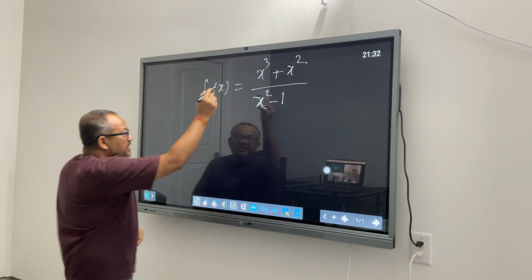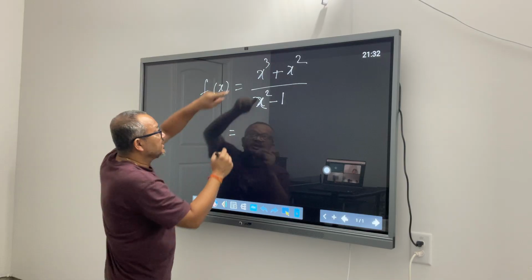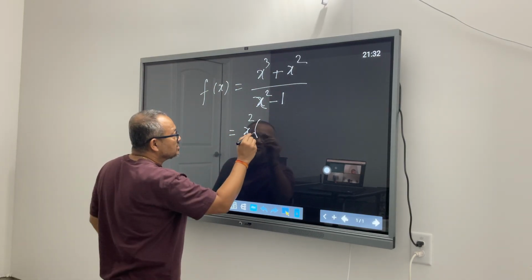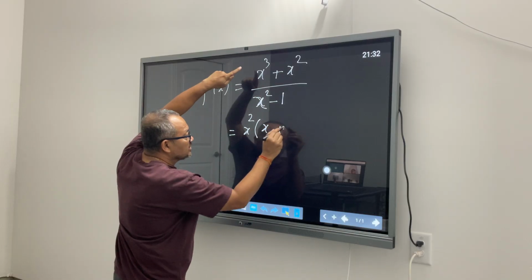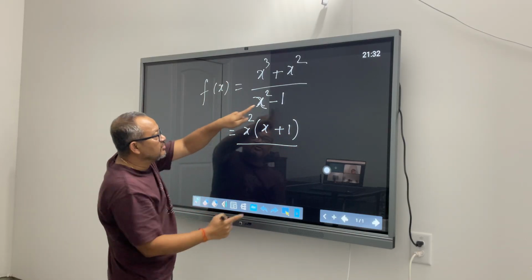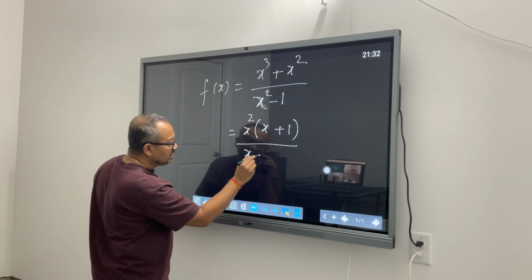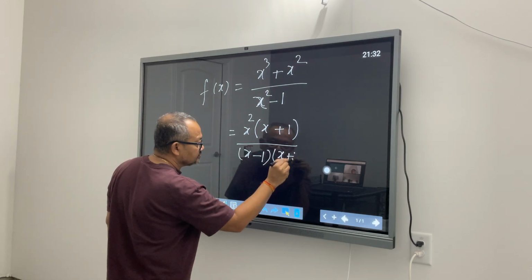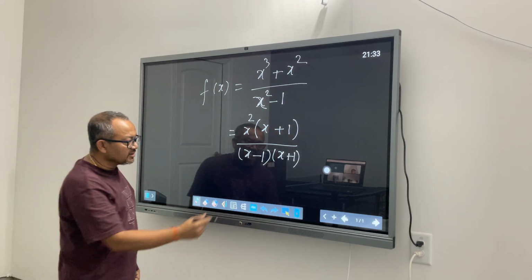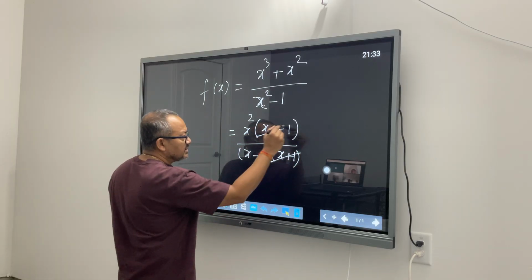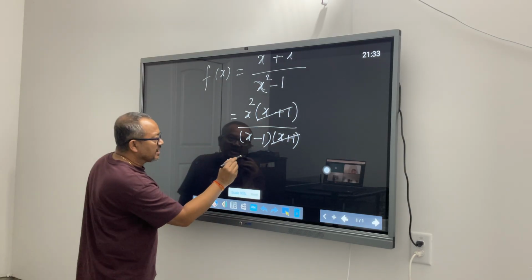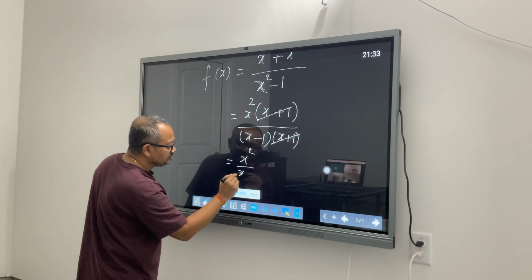Here in this case, let's first look at simplifying it. Numerator has x cube and x square, meaning x square is common. This becomes x plus 1. This is divided by x square minus 1, which we can split into x minus 1 times x plus 1. And then later on this becomes x square by x minus 1.